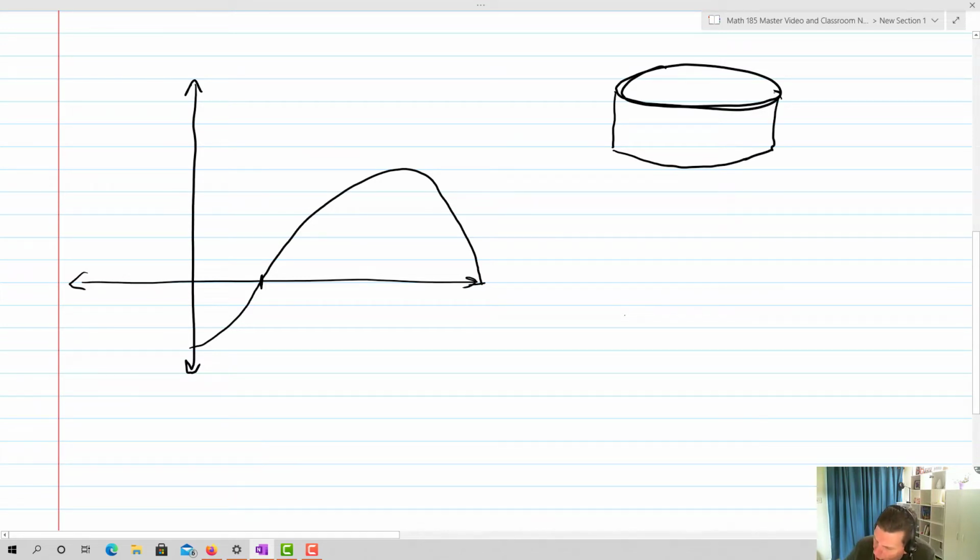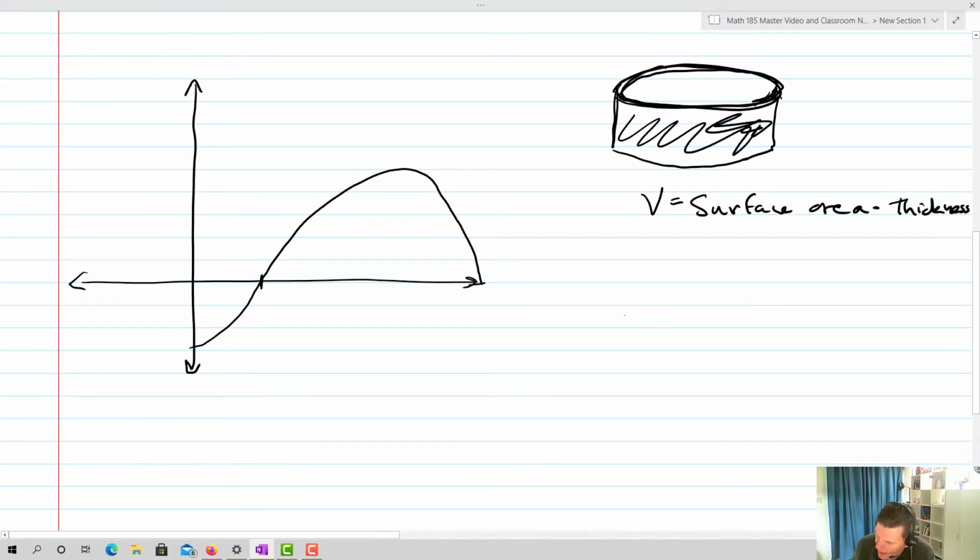Its volume is going to equal the surface area, how much surface area we have for the cylinder, times how thick the cylinder actually is. So it's surface area times thickness. And that's the cylinder.